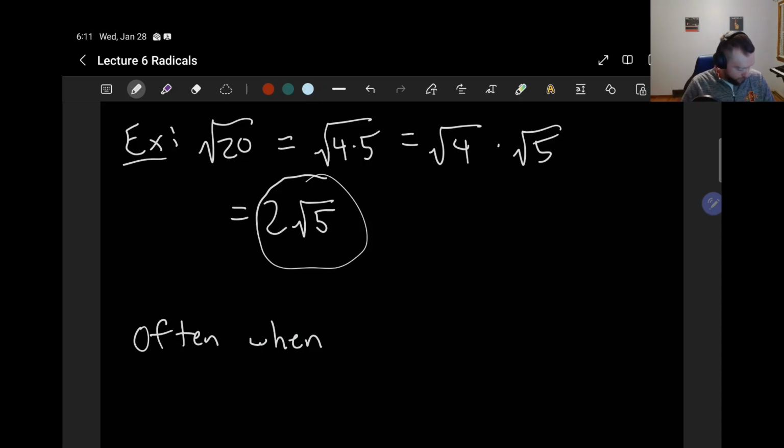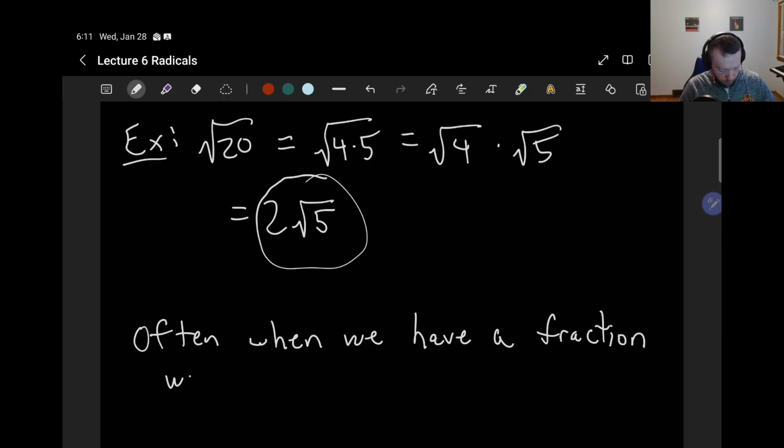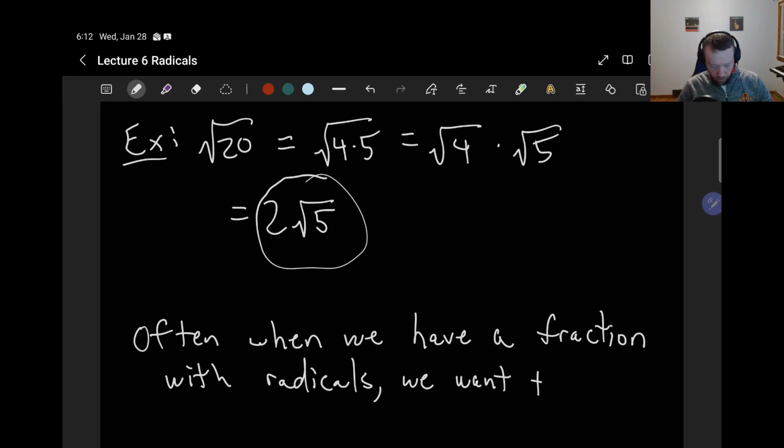So often when we have a fraction with radicals, so you've got radicals either in the numerator or denominator, and usually in this sort of problem, it's just going to be one of those, we want to get rid of them.